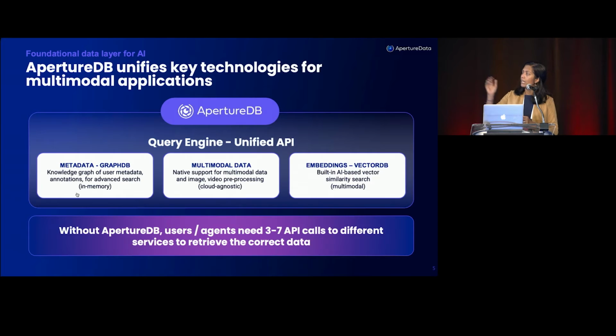Then you can find information using the metadata that is managed in a memory-optimized graph database. As you continue to add information, you are creating a knowledge graph of everything that you supply into the database. And then you can also look up information by really fast vector search. This is any-dimensional multimodal vector search.